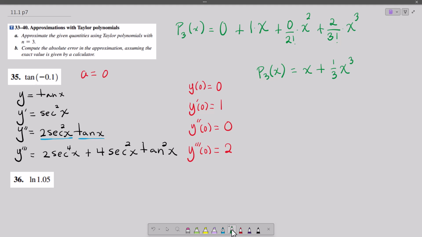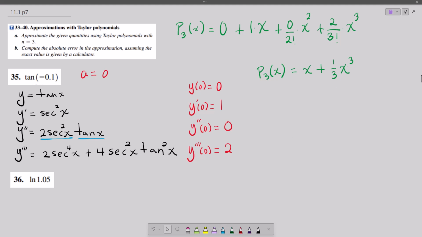An exact value would have square root of something over something. If it's just a big decimal expansion, that is an approximation. So when you type that into your calculator, you're getting a super accurate approximation, but it's still an approximation. That's not exact. This will give us a slightly less accurate approximation.